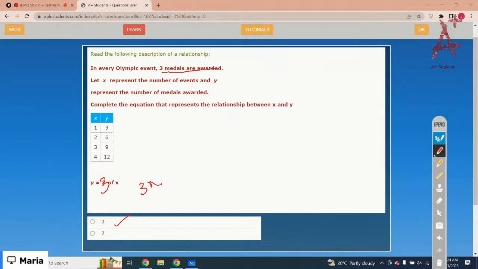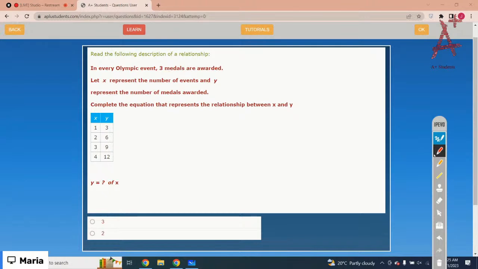Just understand the question, read the question carefully, you'll get your answer from the question. It is 3x. Got it, everyone?